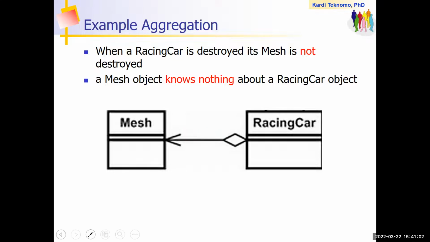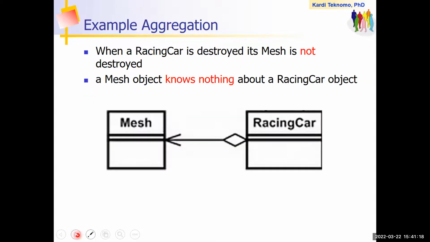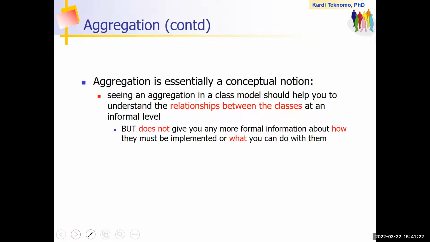In this example a while ago, if the car has no chassis, maybe it is not working, but it still exists. Right? So they just go together. And they can work together.